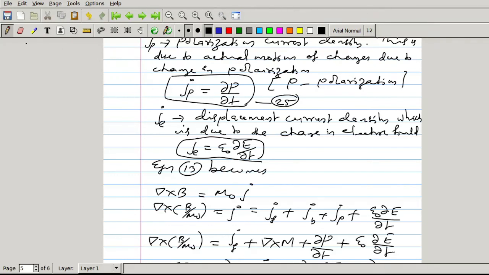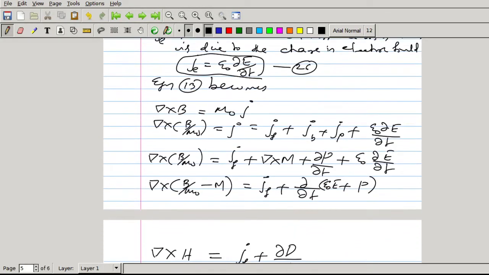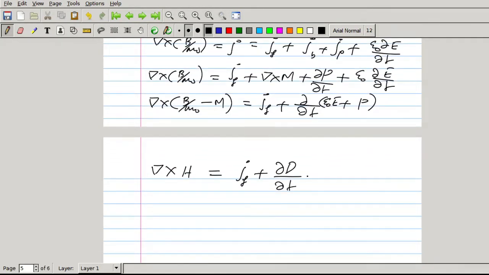This is the current density which is due to the change in electric field. Now it's okay. This is equation number 26, and here dou D by dou T. So this is equation 27.